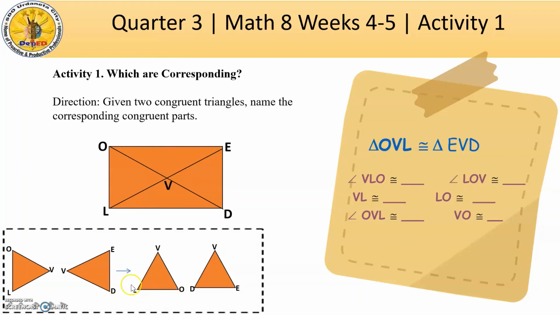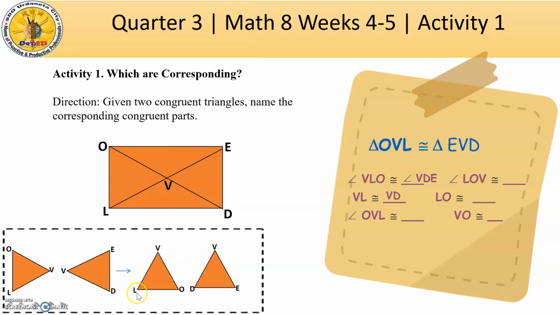Whatever is the center, angle L, that is the angle being denoted. So angle L or BLO must be congruent to what angle? Angle BDE. Yes. Next, how about the side VL?